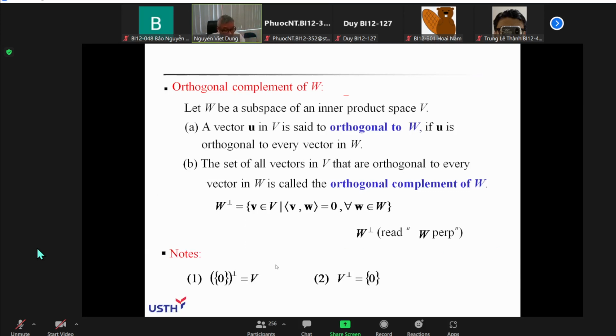And we have the remark, because we know that for any vector space V, we always have the trivial subspaces, the zero vector space and the whole V. Then if we take the orthogonal complement of the zero vector space, you get V. And if you take the orthogonal complement of the whole vector space V, you get the zero vector space. So that is the trivial cases.